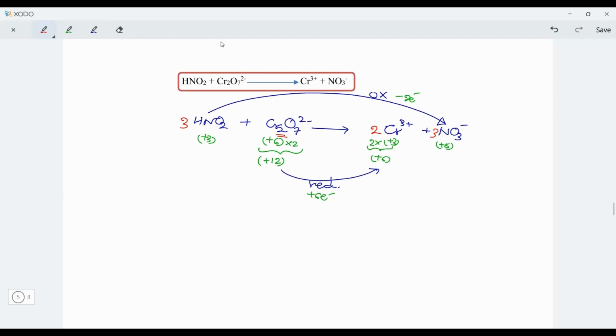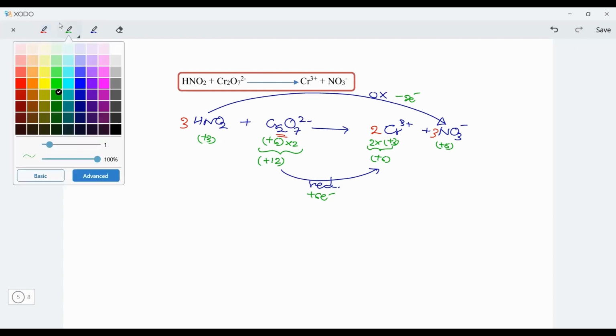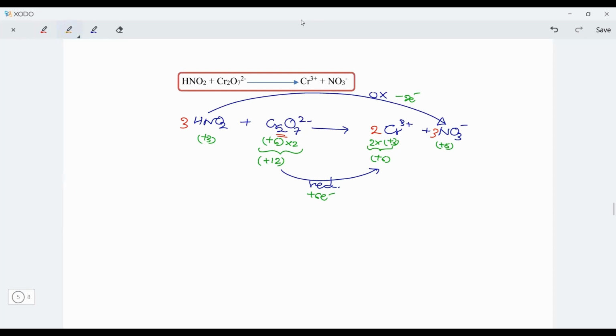Then like we did earlier, we must check charges. Here, the overall charge will be minus 2. Here, your overall charge will be 2 into 3 plus 6, and minus 3 plus 3 will be the overall charge. Then to balance that in acidic medium, you have to add how many H plus ions?